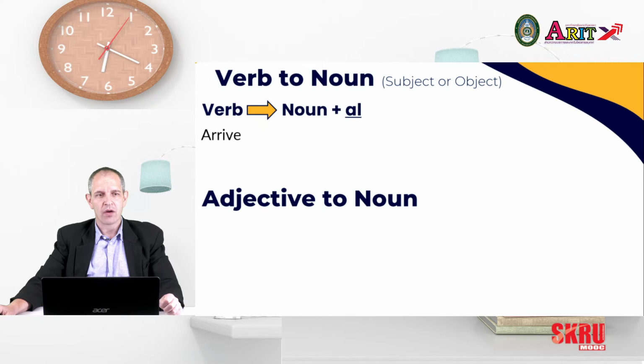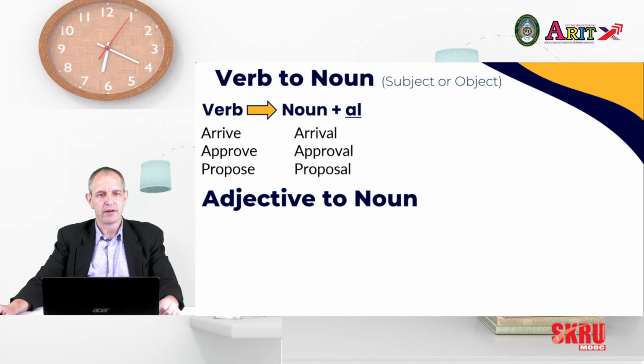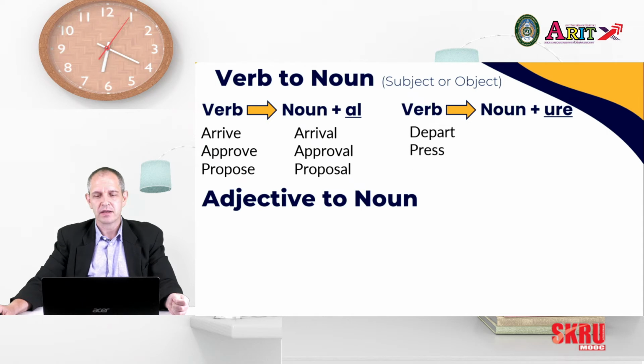So arrive, approve, and propose become arrival, approval, and proposal. We also use ure. So depart, press, and enclose become departure, pressure, and enclosure.